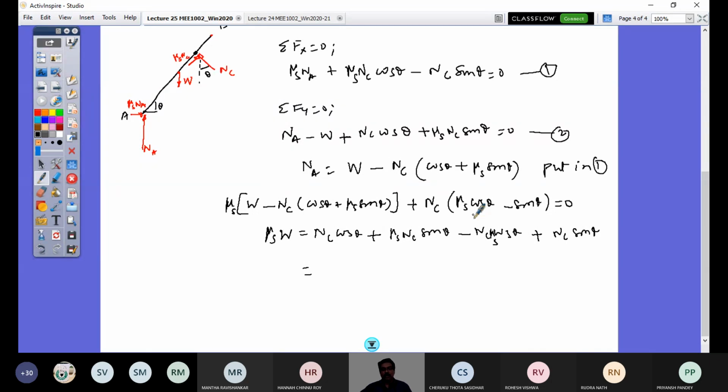NC sin theta minus mu s NC cos theta. That's correct. Mu s NC cos theta. Are there any terms cancelling here? No. NC is there in all. I have sin theta, cos theta.